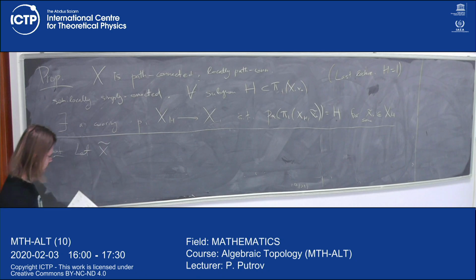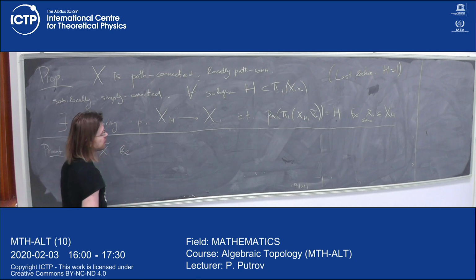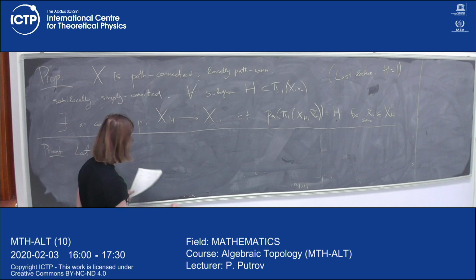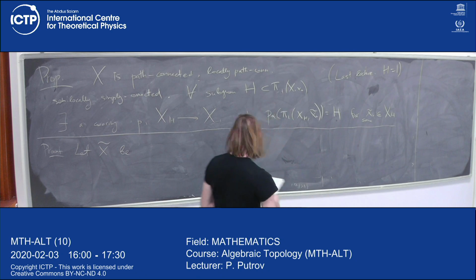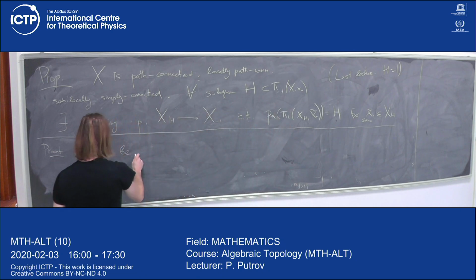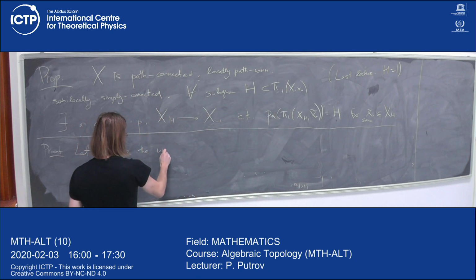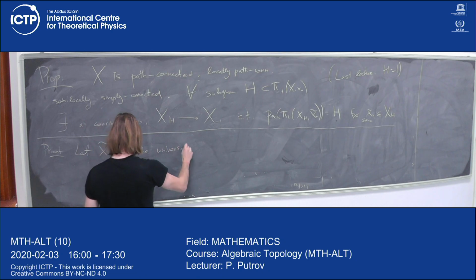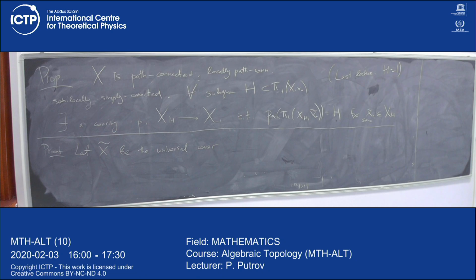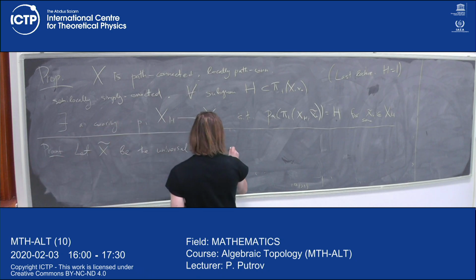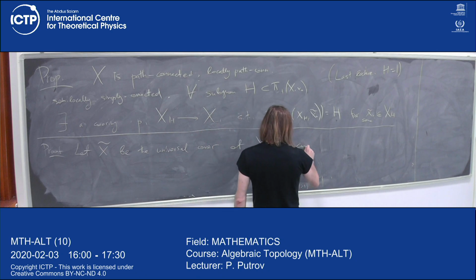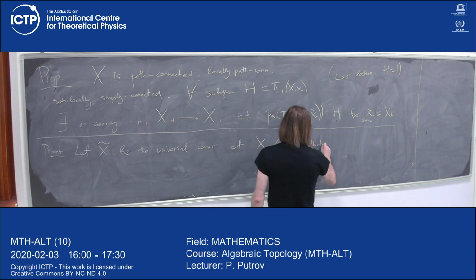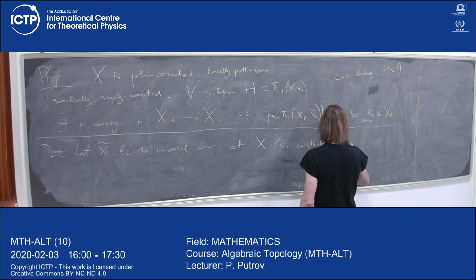So let me start. We already know that we can construct X tilde, the covering space with H being 1. So let X tilde be the universal cover of X as constructed before.